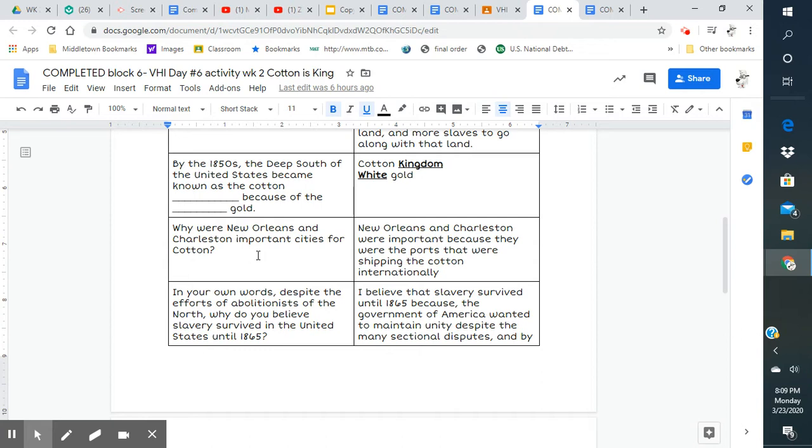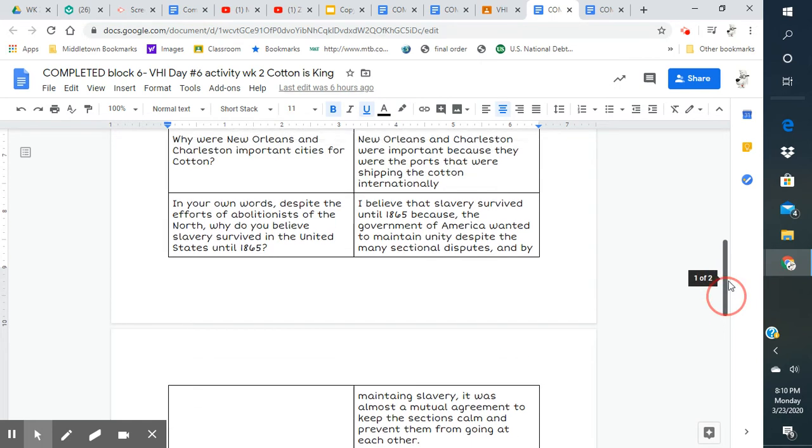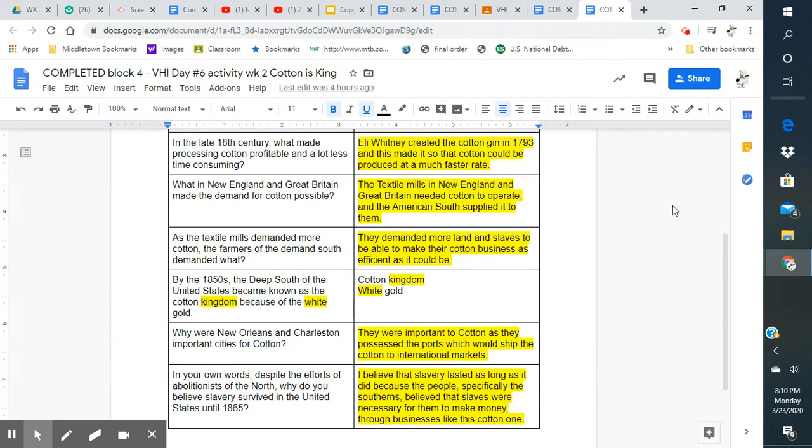Although many of you had very deep thought answers that went into a lot of details about a lot of different things, the focus of this lesson was this one: "I believe that slavery survived until 1865 because the government of America wanted to maintain unity despite the many sectional disputes. And by maintaining slavery, it was almost a mutual agreement to keep the sections calm and prevent them from going at each other." That's very true, and we're going to talk more about that today.